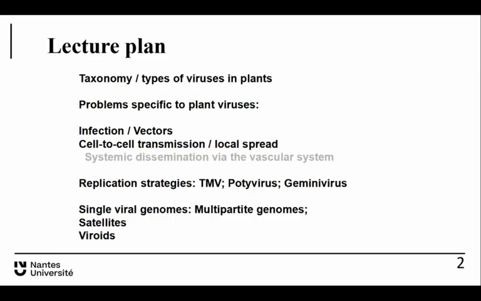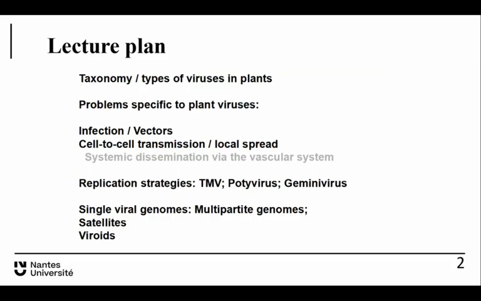So the first thing I'm going to talk about is the types of viruses that we find in plants, not really taxonomy, it's a little bit of a grand statement. And then, what are the specific problems that plant viruses face that they all have to solve in some way, but we don't find in animal viruses.